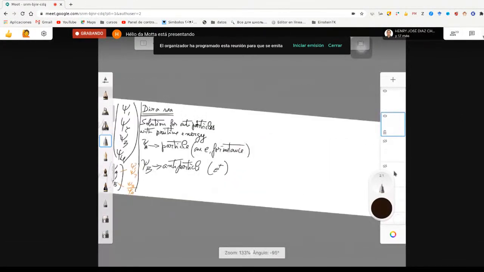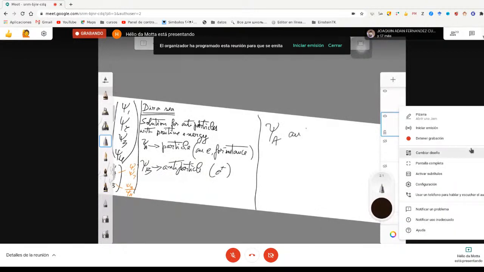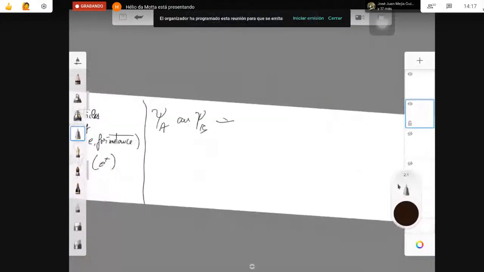So the side A and side B are themselves spinors.